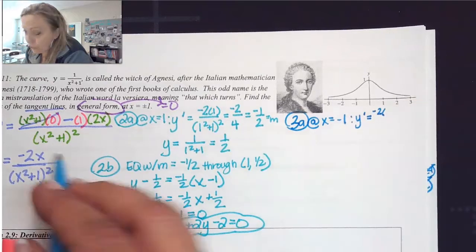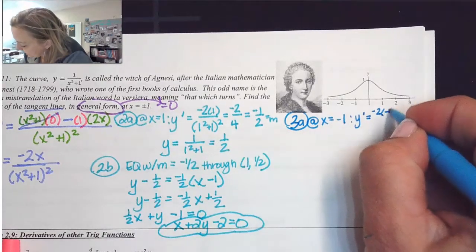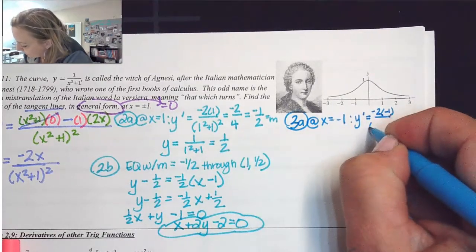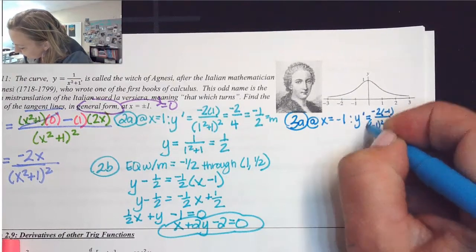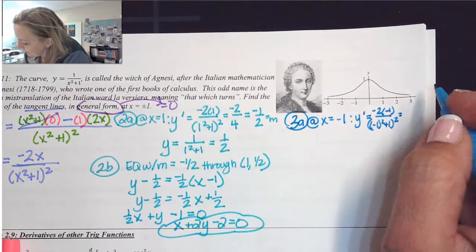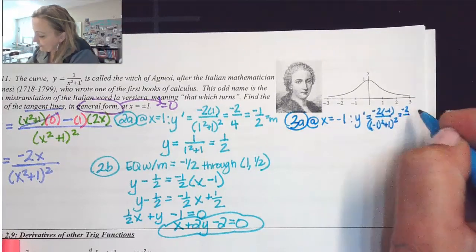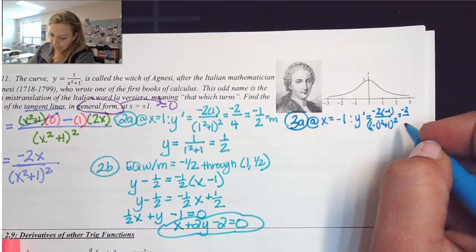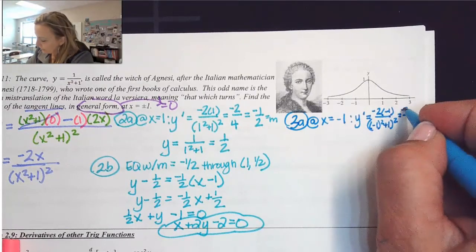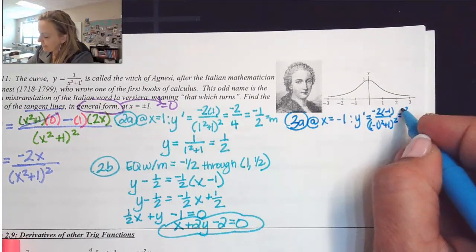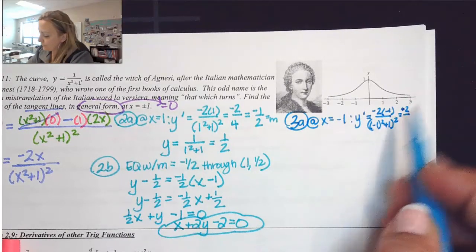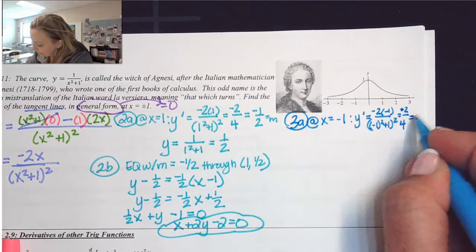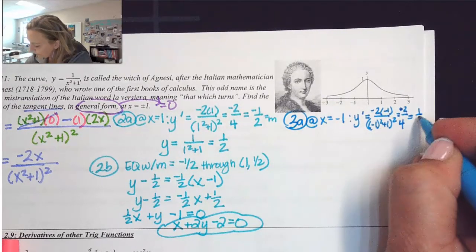So negative 2 times negative 1 over negative 1 squared plus 1, that whole quantity squared. So that's going to be negative 2. Oh no, positive 2. Negative times negative is a positive 2. Negative 1 squared is 1, plus 1 is 2, squared is 4. So this time our slope is going to be positive 1/2.